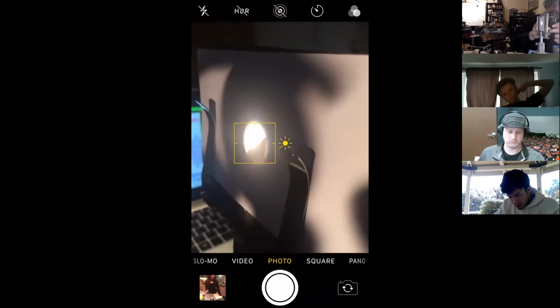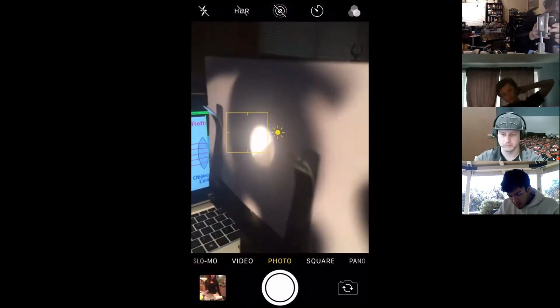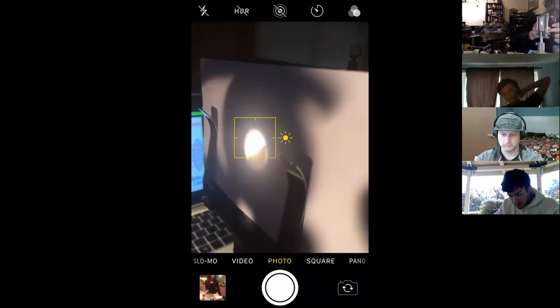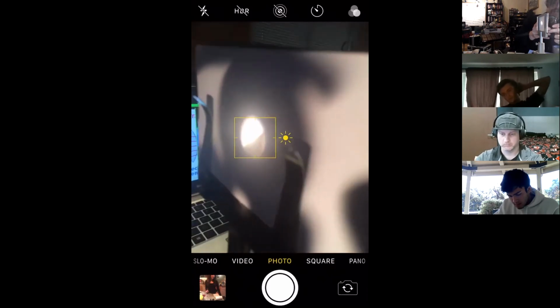I think this is one of the things that makes this lab a little bit jankier: the contrast is very harsh on my phone. My phone is an older iPhone 5, so my camera isn't quite as sophisticated as some of yours might be.